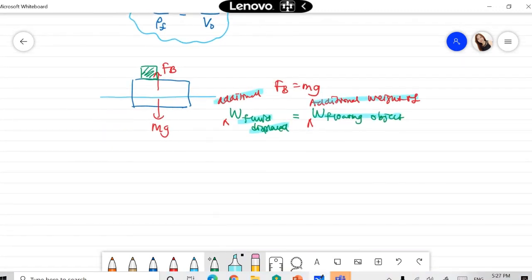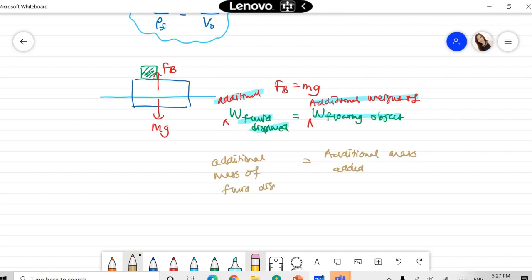If you want to use mass, the additional mass added to the object is equal to the additional mass of fluid displaced. Okay, added to where? Added to the object, to the floating object.